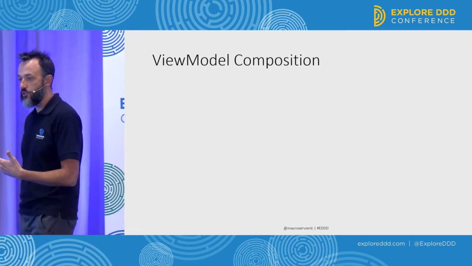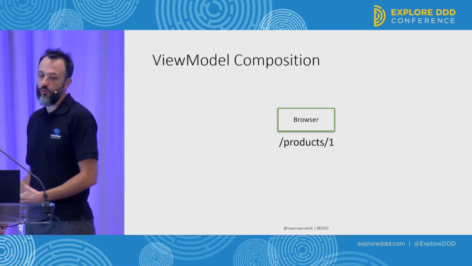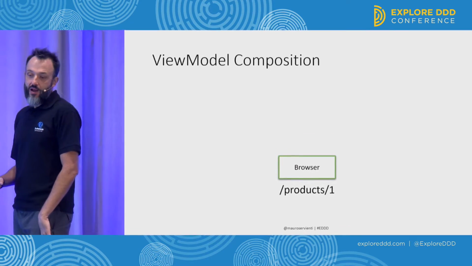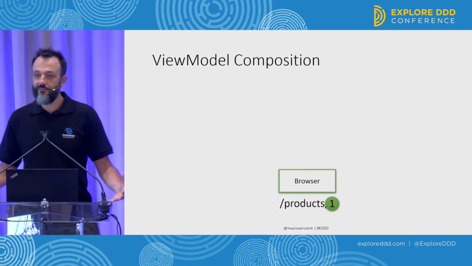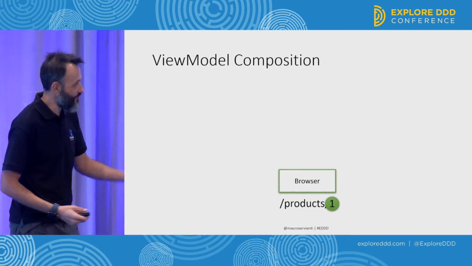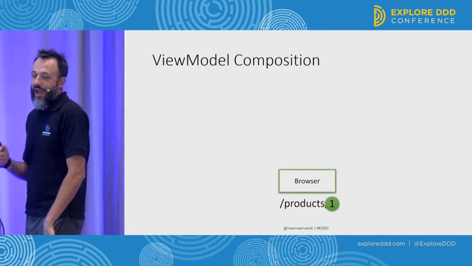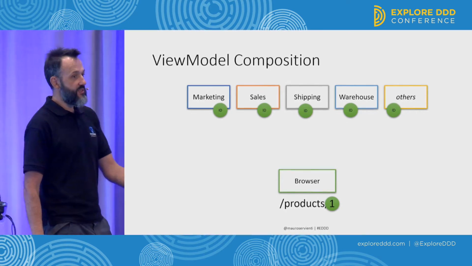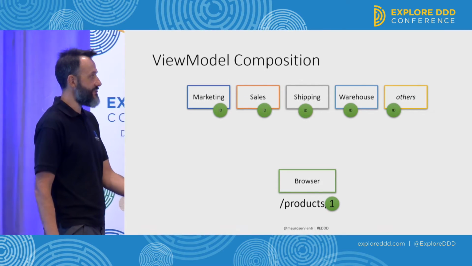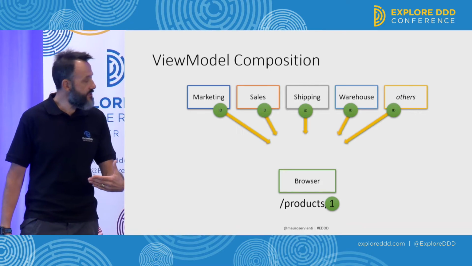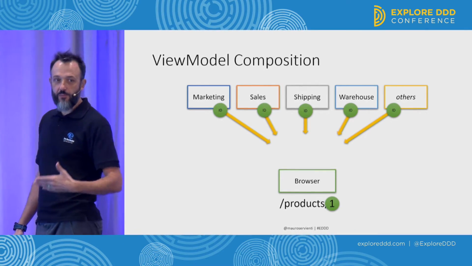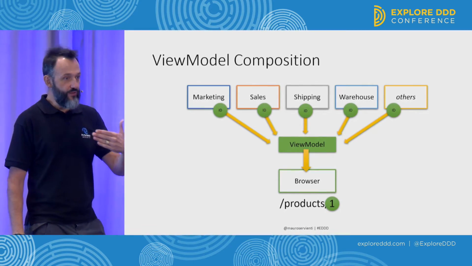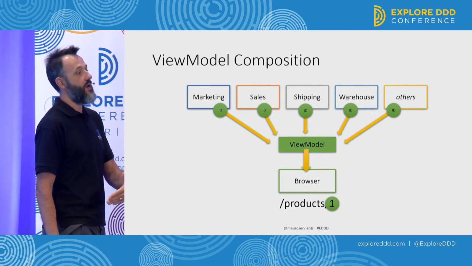Let's imagine that we have a browser that is trying to hit a URL, /products/1. If 1 is the primary key of a product, and probably it is much more complex on Amazon.com, but for the sake of the sample, 1 is good enough, and that identifier is shared across multiple services, we could have some sort of infrastructure that intercepts the HTTP request and allows services to participate in the response, saying, let's build the view model on the fly and return that view model to the UI.